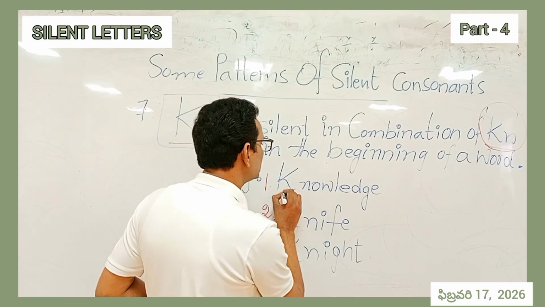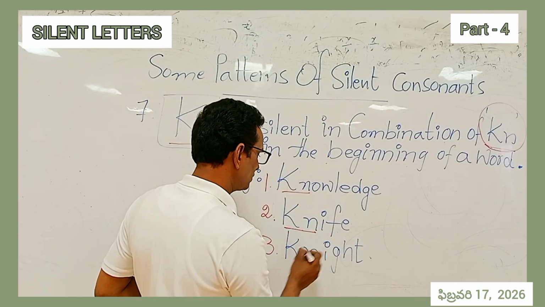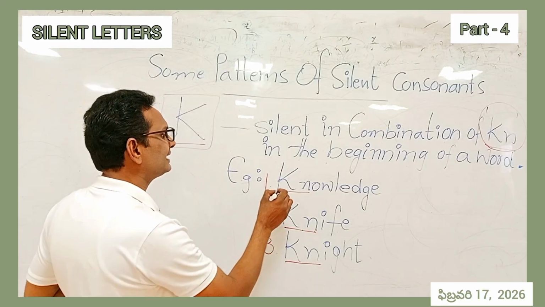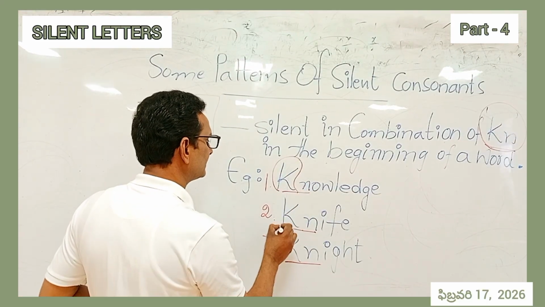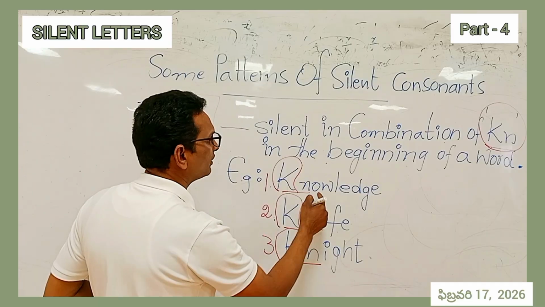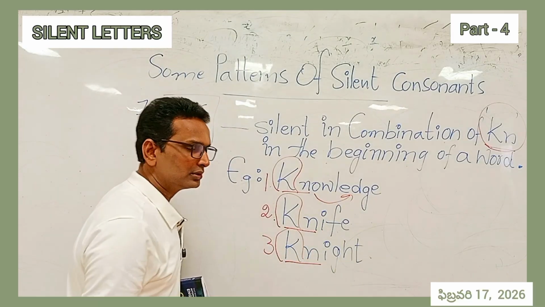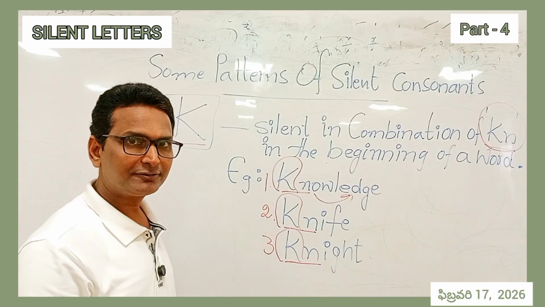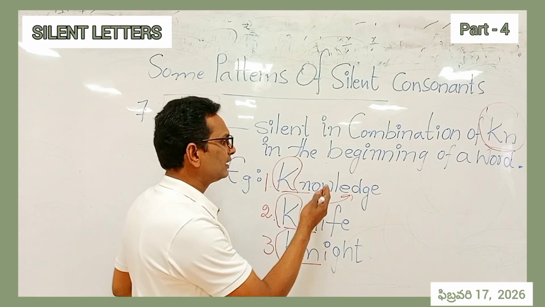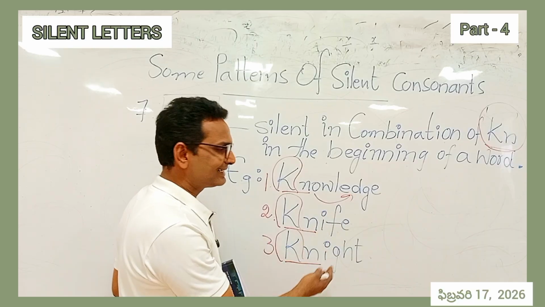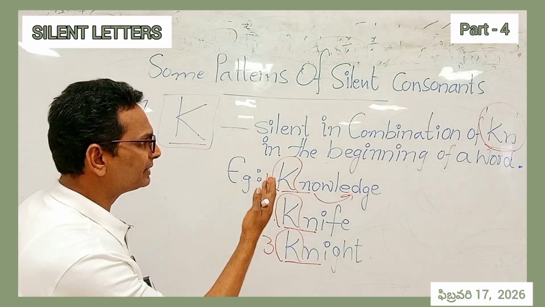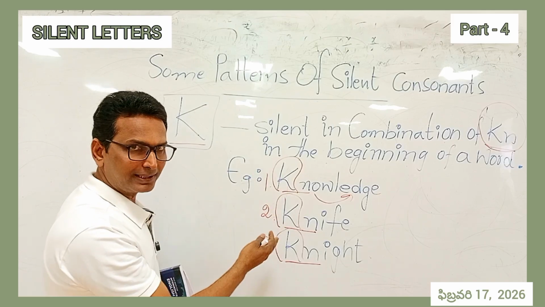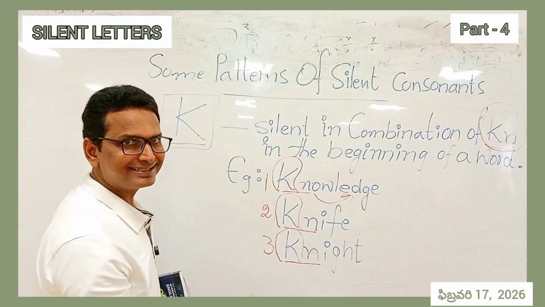We can find KN in the beginning of this word, this word, and this word. So K is silent in these three words. Let's pronounce them: knowledge, knife, and night. K is silent in the combination of KN in the beginning of a word. Examples: knowledge, knife, and night.